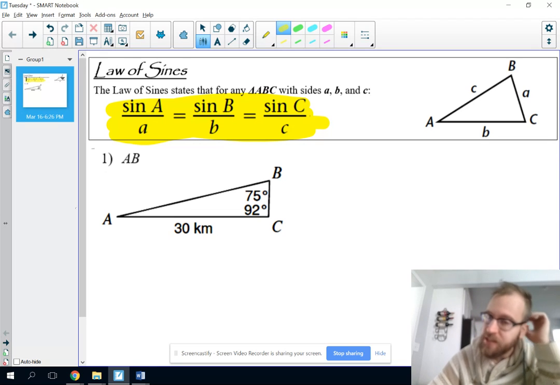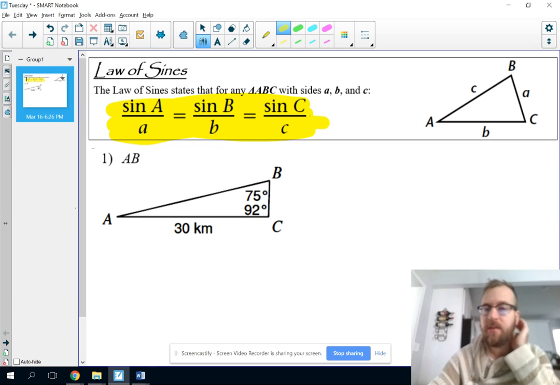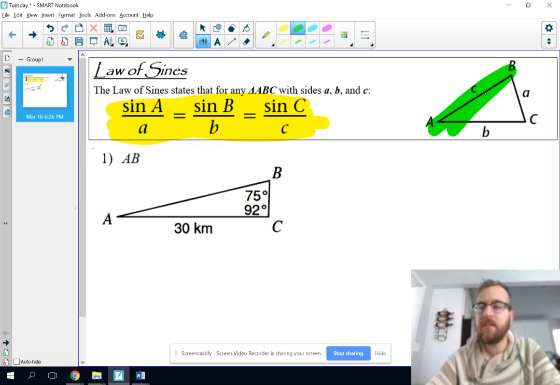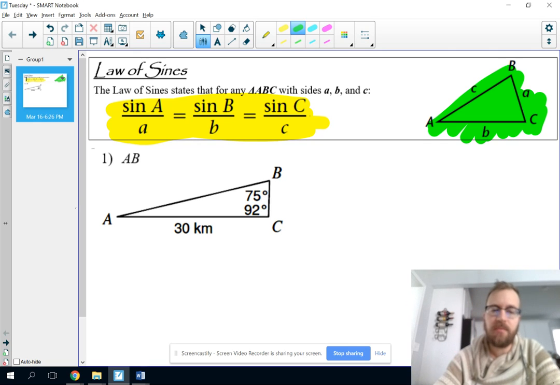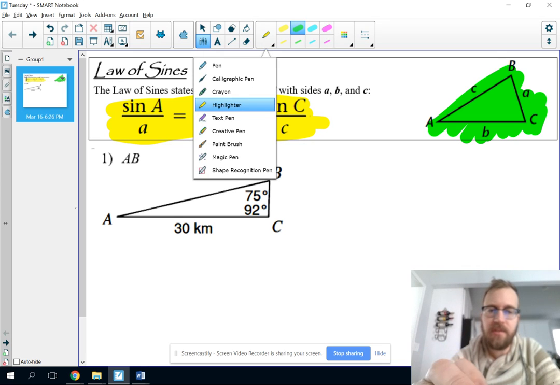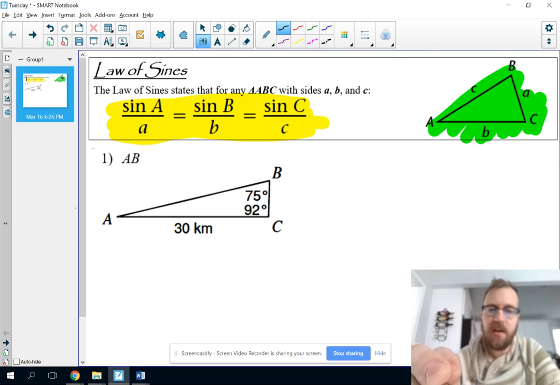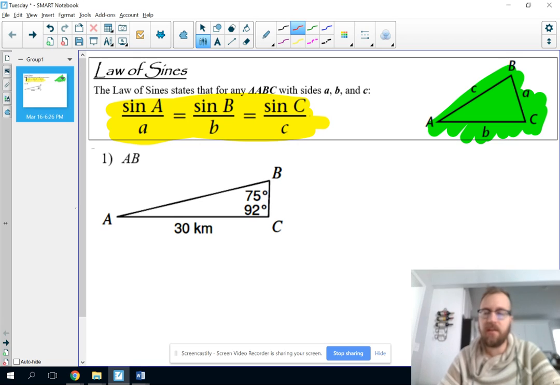The big difference, if you look at the diagram on the right side, is that the capital letters stand for angles and the lowercase letters stand for the sides. In number one, only the angles are labeled. The way you label your sides is based on which angle they are across from.